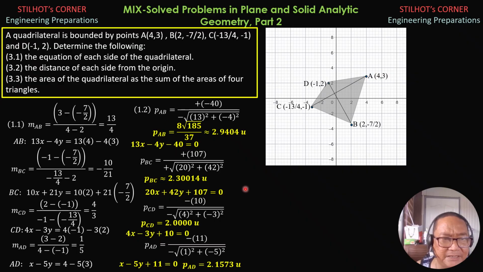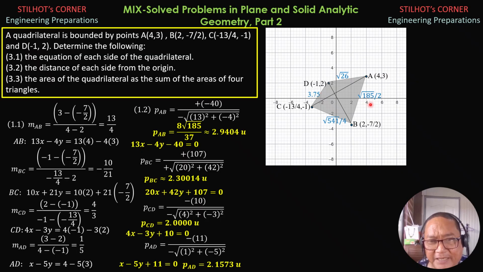Then for part 3.3, the area of the quadrilateral is 1/2 base times height. The length of AB is the square root of the quantity 4 minus 2 squared plus 3 minus negative 7/2 squared. The length of BC is the square root of 2 minus negative 13/4 squared plus negative 7/2 minus negative 1 squared. That's the distance formula only, and verify that these are the lengths of the sides.